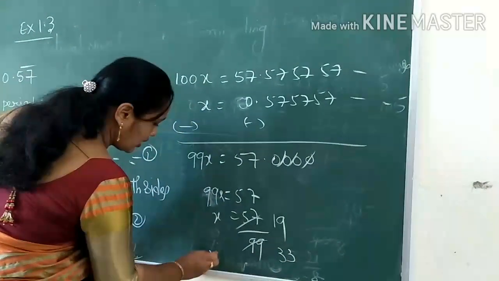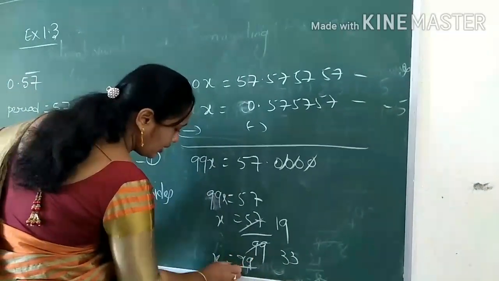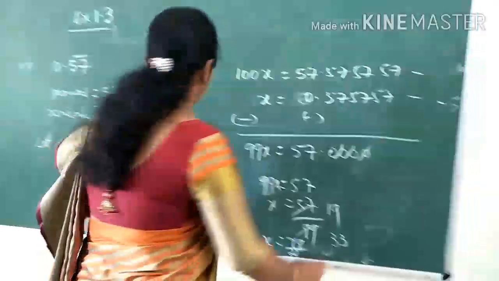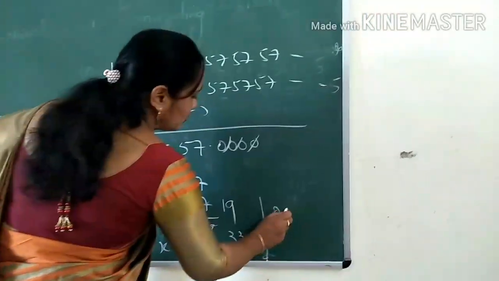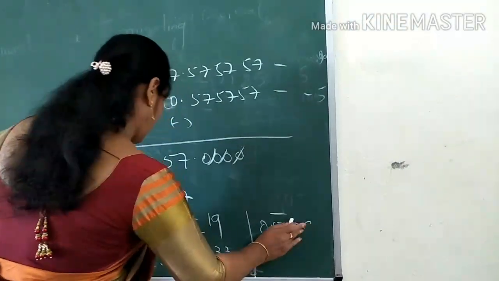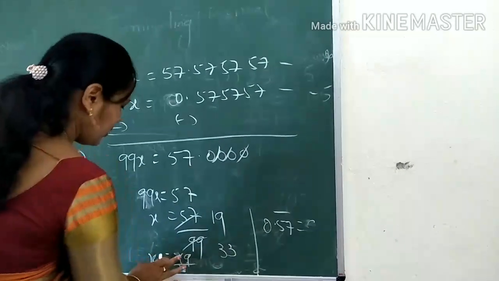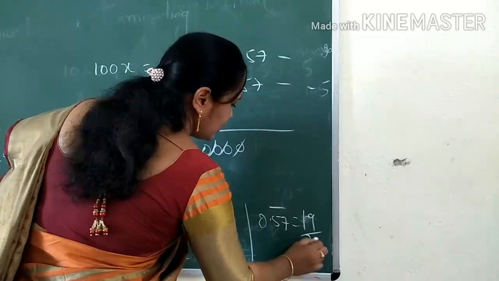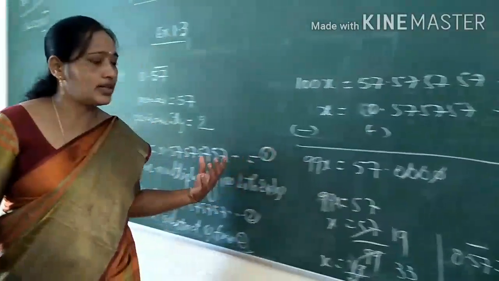So 0.57 bar equals 19 by 33. This is the answer we require.